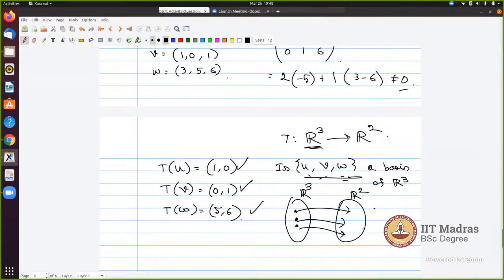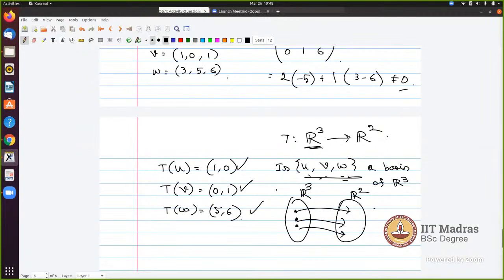Sir, how did we conclude that TW will be the correct image? We need not really compute what the image of W is, because U, V, and W are linearly independent. There is no such relation between U, V, and W, so whatever images I want, I can assign there.